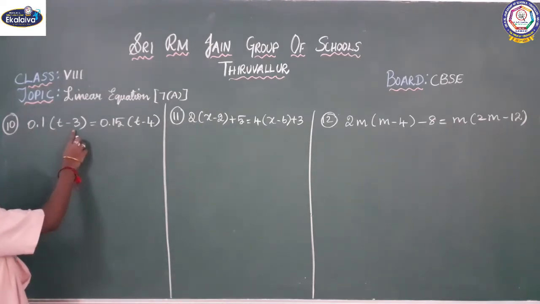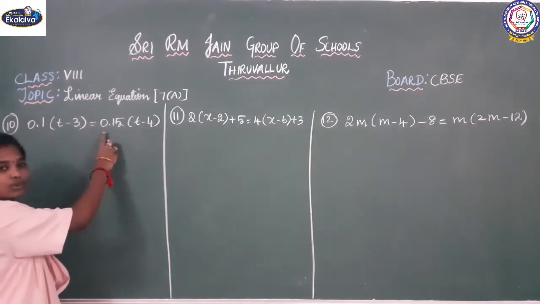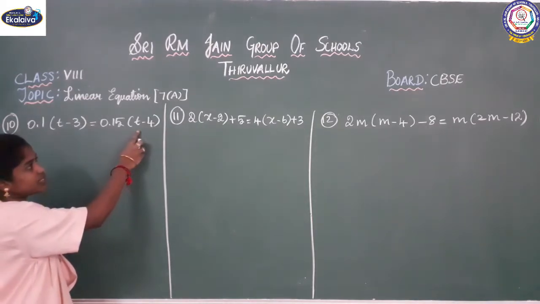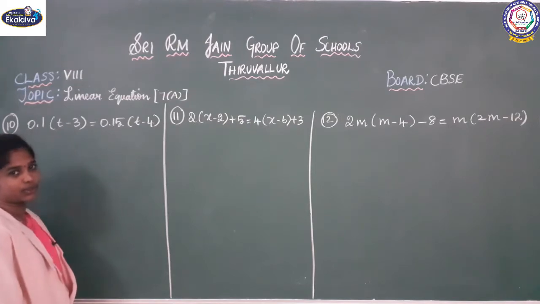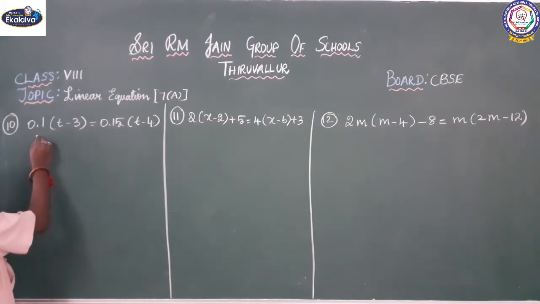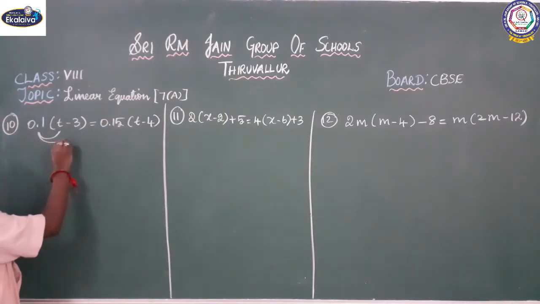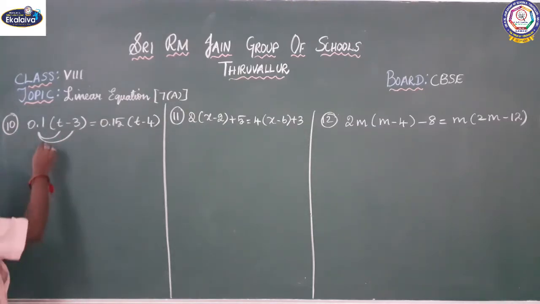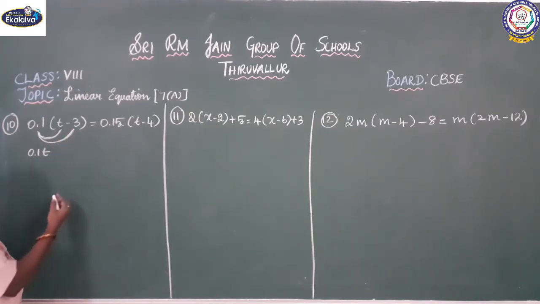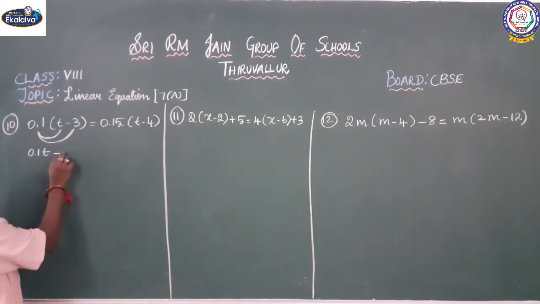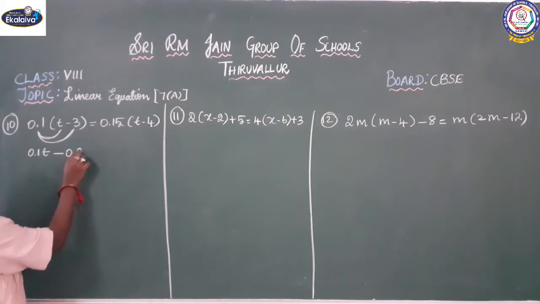0.1 into t minus 3 is equal to 0.15 into t minus 4. Okay, so what we are going to do, we are going to multiply 0.1 into t and 0.1 into minus 3. When you multiply 0.1 into t, you get 0.1 t, and 0.1 into minus 3 gives minus 0.3.